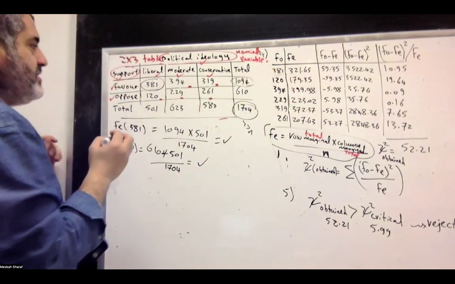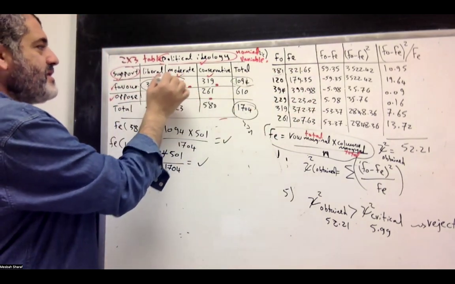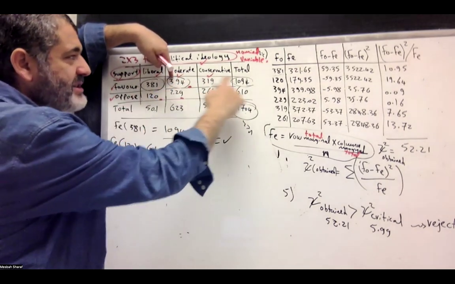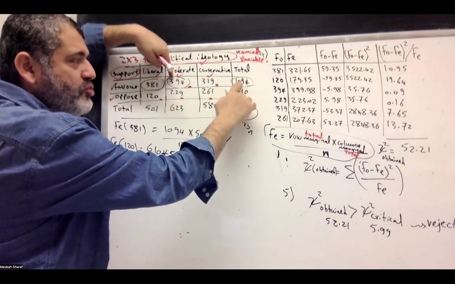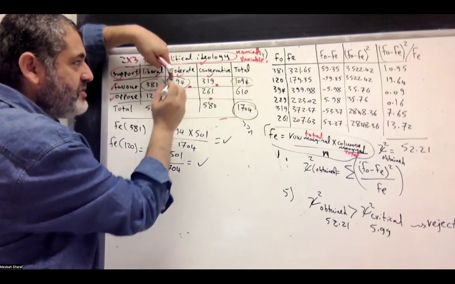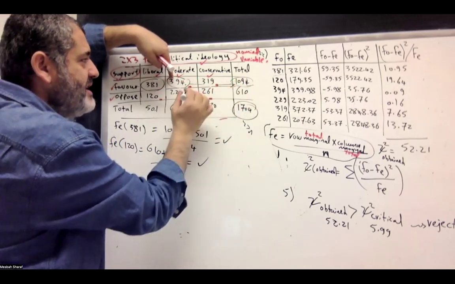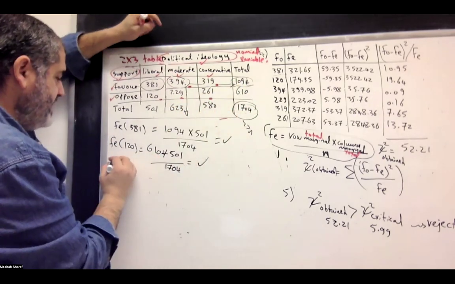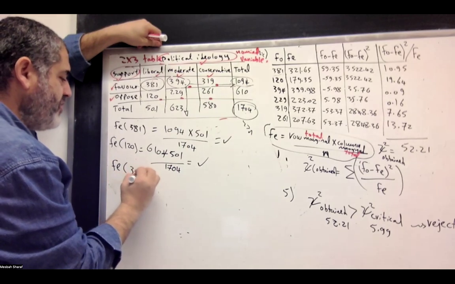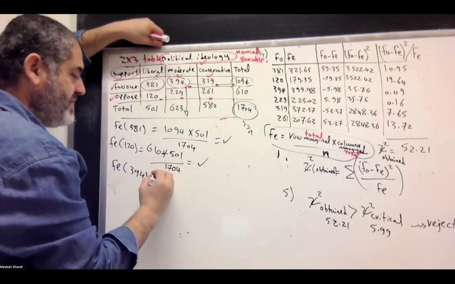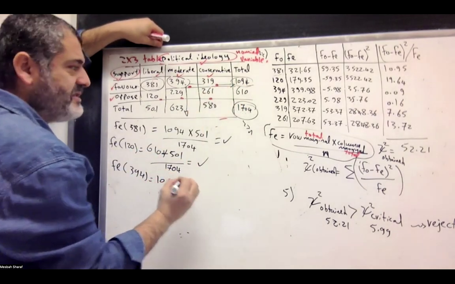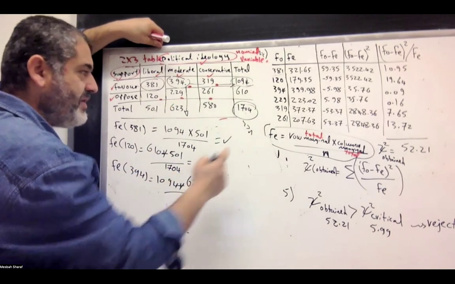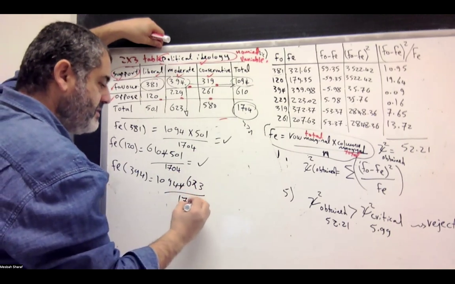Same idea for the 394. How to get the expected frequency of this one? You multiply this row total with this column total, because this cell belongs to this row and that column. So the expected frequency of the 394 is going to be 1094 times 623 divided by the n.